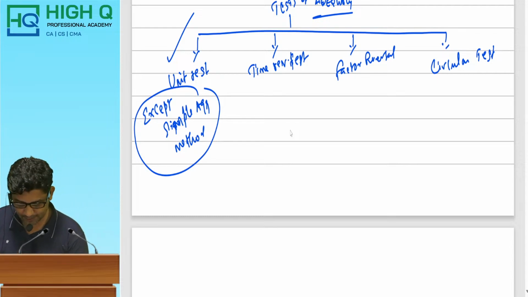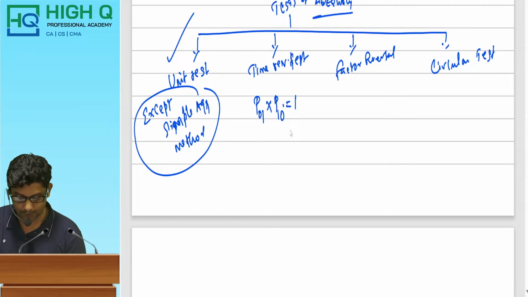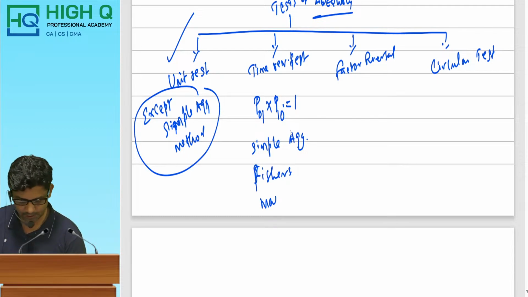What is the time reversal test? P01 into P10 is equal to what? 1. So simple aggregate, of course, satisfies. And Fisher satisfies. Marshall-Edgeworth also satisfies. If you want to check, you can check it.